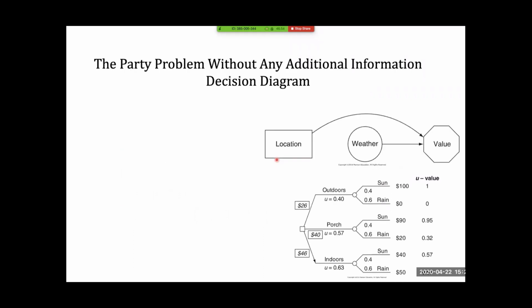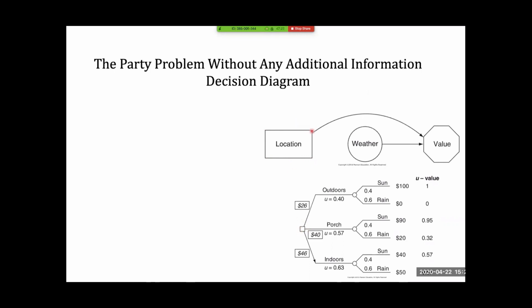And here is the decision diagram for the party problem without any additional information other than the background knowledge that there is a 40% chance of sunny and a 60% chance of rain. Over here, we use this square node to represent the decision on the location of the party.